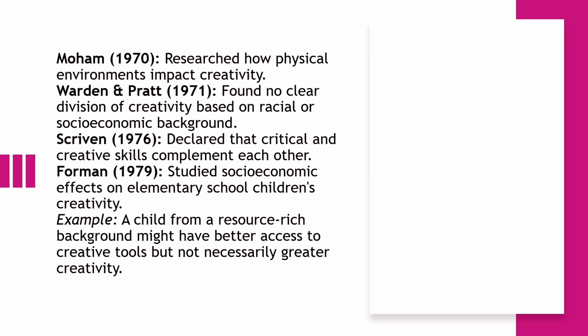In 1976, Scriven declared that critical and creative skills complement each other. In 1979, Foreman studied socio-economic effects on elementary school children's creativity. A child from a resource-rich background might have better access to creative tools, but not necessarily greater creativity.